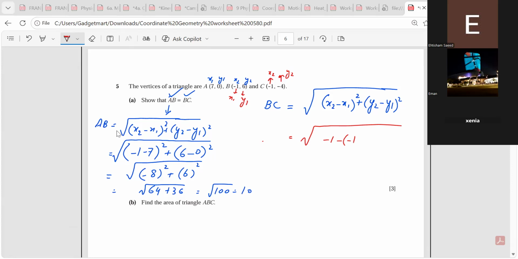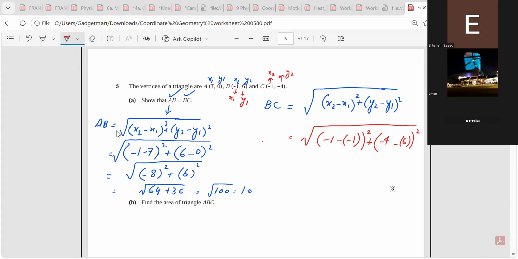Why? Because the formula is minus and then x1. So x1 value is already -1. तो मैंने यहाँ पे दो ब्रैकेट्स लगा दी. Then y2 is your -4 minus, so y1 is 6. So I'm putting 6 in it, bracket close square.